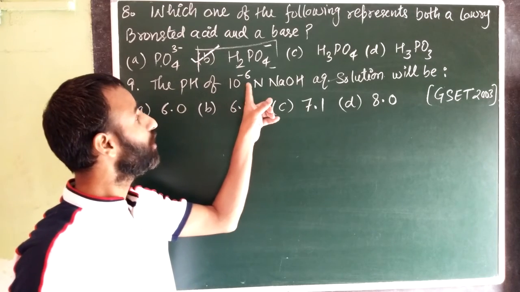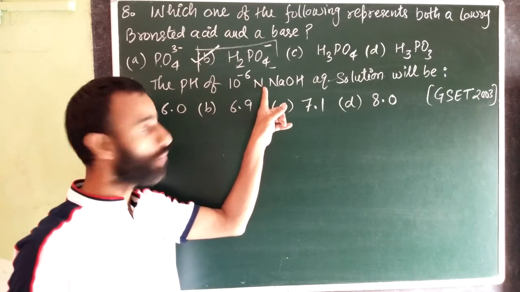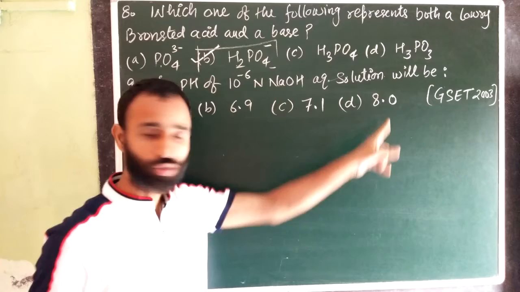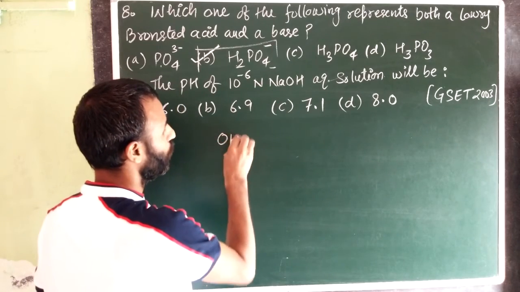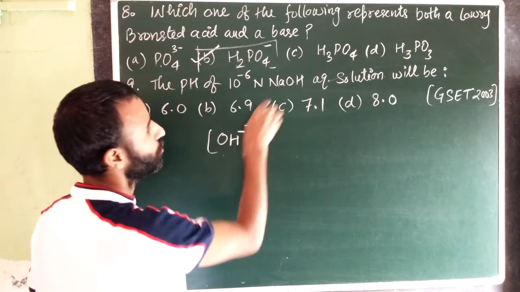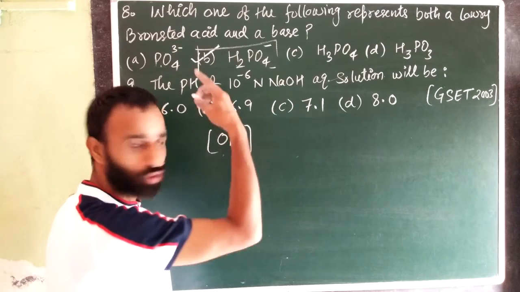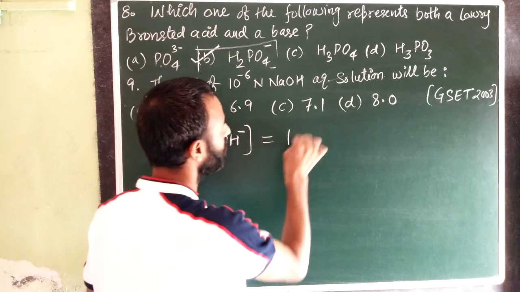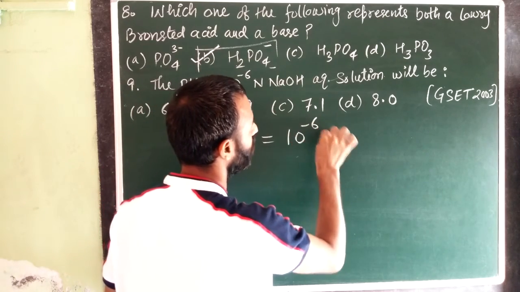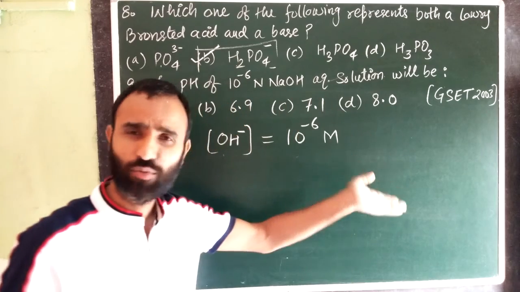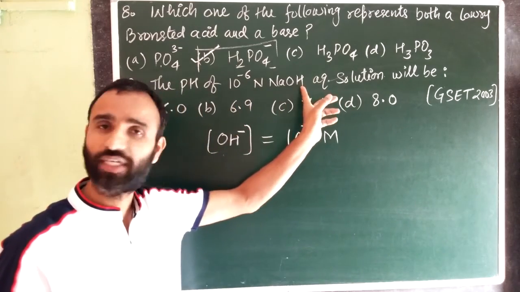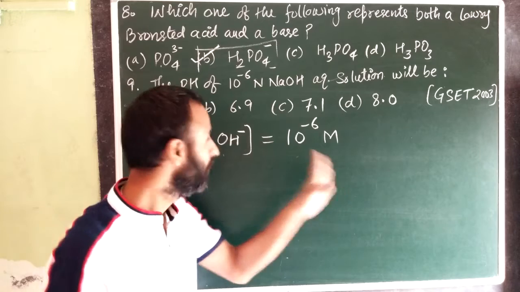The pH of 10 raised to minus 6 normal NaOH aqueous solution. See, because OH negative is a strong base, it dissociates completely. So the OH negative concentration comes out to be this. Normal and molar are the same because its acidity is 1. Right? Okay.